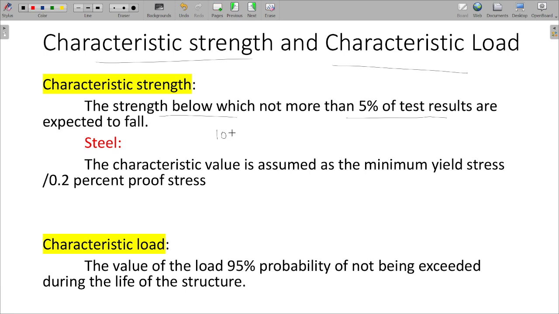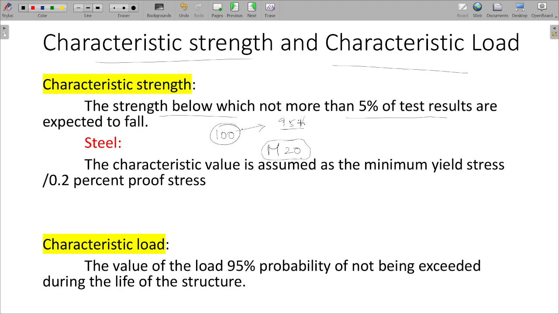If we test 100 samples, and if we say that M20 is the grade of the concrete from which these samples are made, we can say that the characteristic strength is M20 only when at least 95% of the samples, which means what?